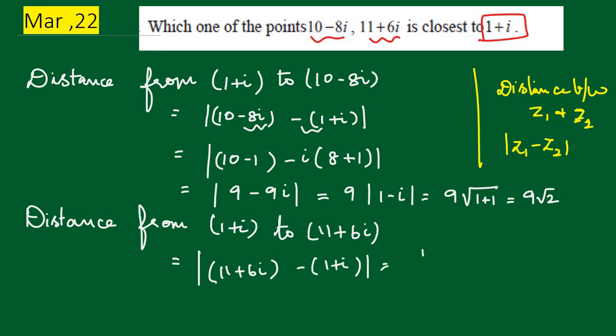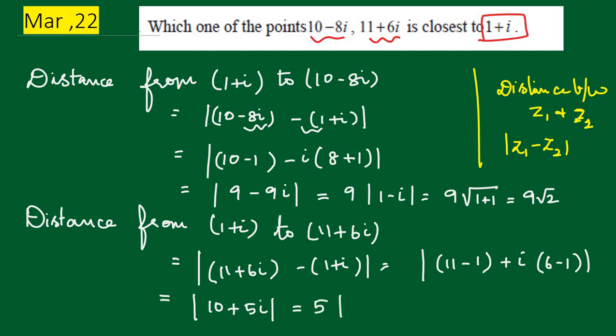Now this is equal to the modulus of 11 minus 1 plus i times (6 minus 1), which is the modulus of 10 plus 5i. Now this is equal to 5 times modulus of 2 plus i, which is equal to 5 times root of 2 squared plus 1, which is 5 root 5.